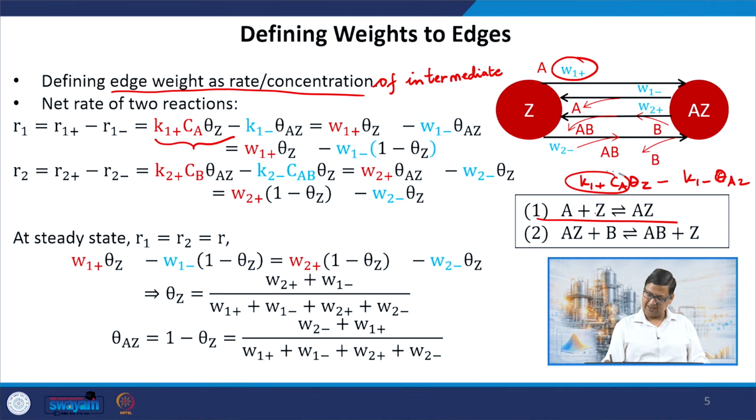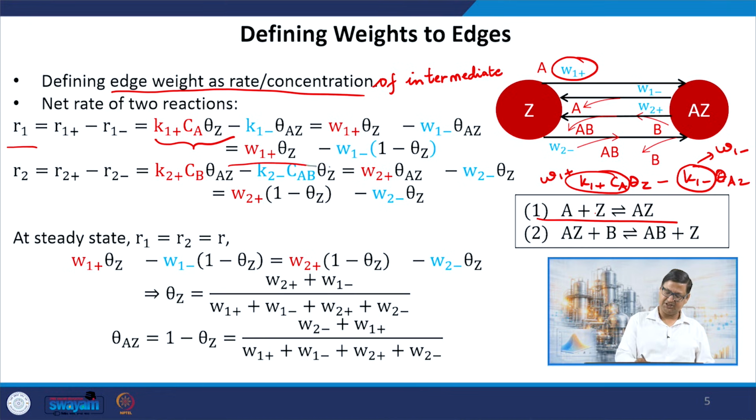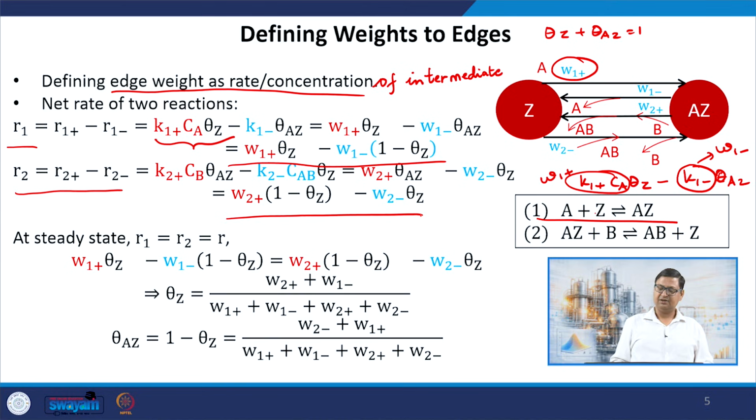So this quantity I am going to call W1 plus, and this quantity I am going to call W1 minus, right? So basically the term aside from the theta I am going to assign as the edge weight, right? So then I can rewrite the net rate of the first reaction as the following, where I have also used the fact that theta Z plus theta Az is equal to 1, and the net rate of the second reaction as something like this, right?